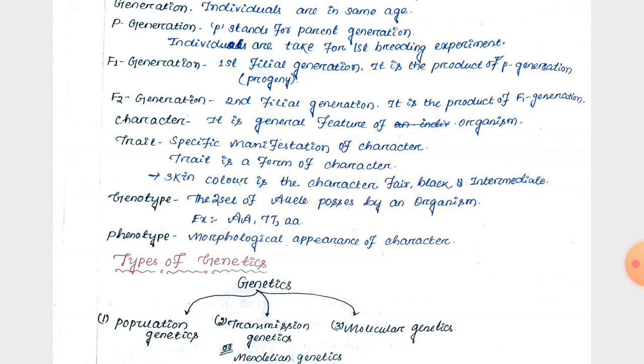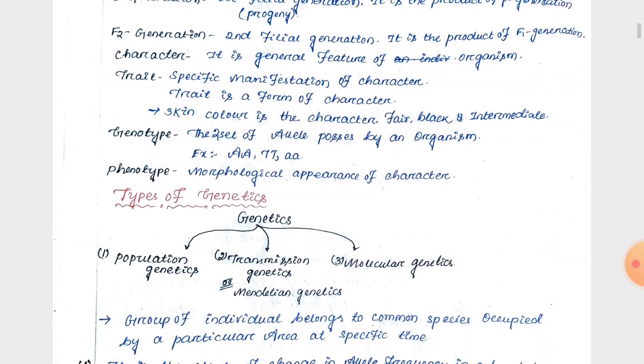F1 generation is the first filial generation, the first offspring produced by the reproduction. And the F2 generation means the second filial generation, the offspring produced from the F1 parents.